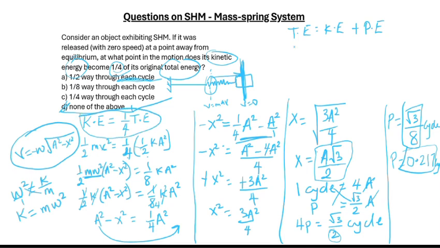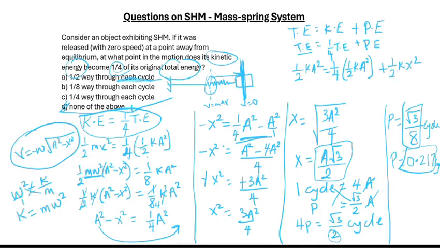So we can say my total energy equals my kinetic energy, which is 1/4 of total energy, plus potential energy. Now total energy is half k a square, so 1/4 of half k a square, plus our potential energy, which is half k x square.